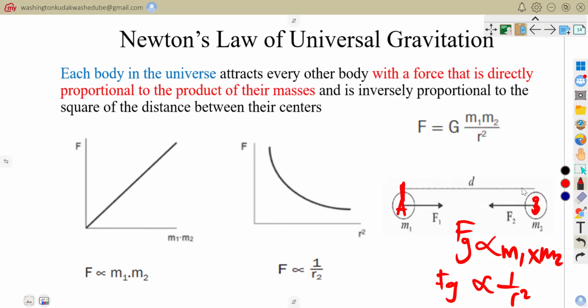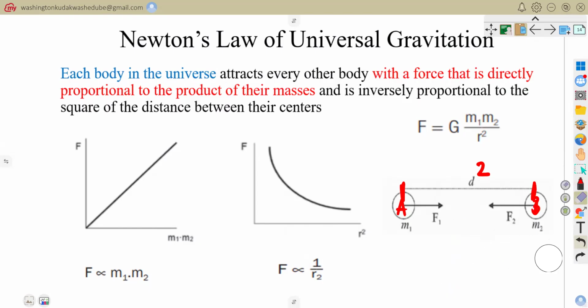So the distance between the two masses, its square, is what we are referring to here. So that is the law of universal gravitation.